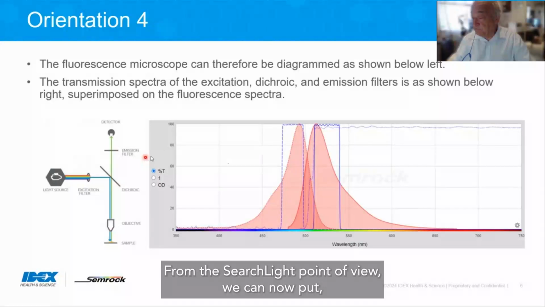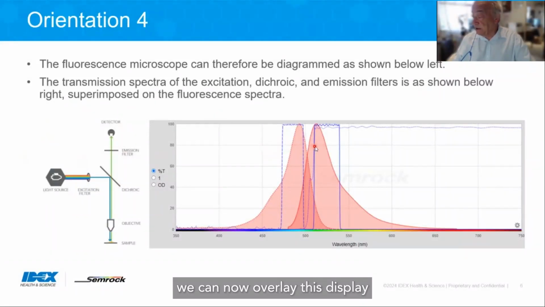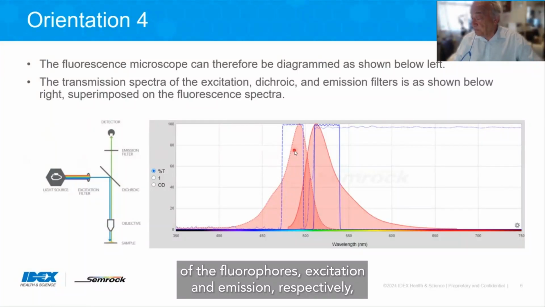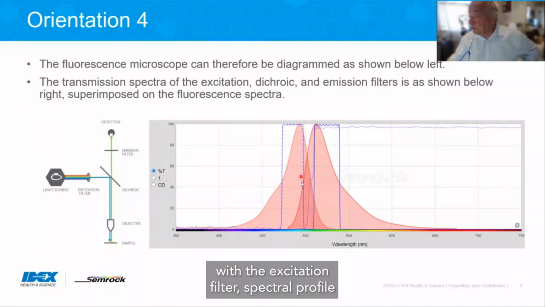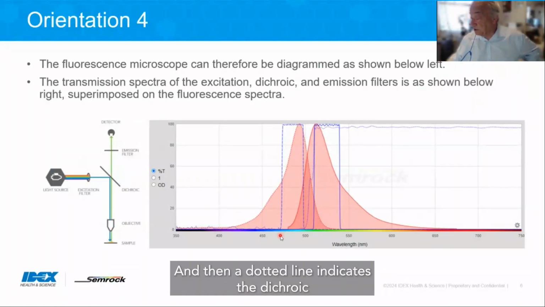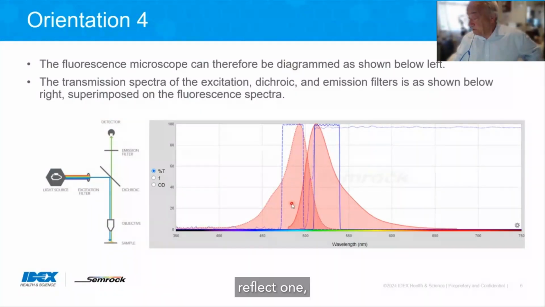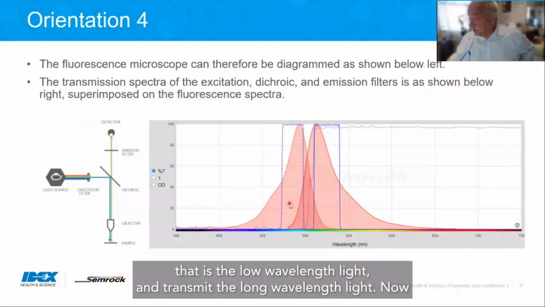From the SearchLight point of view, we can now overlay this display of the fluorophores' excitation and emission with the excitation filter spectral profile and the emission filter spectral profile in dashed and solid lines respectively, and then a dotted line indicates the dichroic, its spectral position in between, to help reflect the low wavelength light and transmit the long wavelength light.